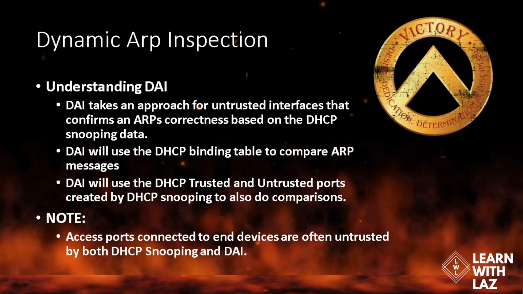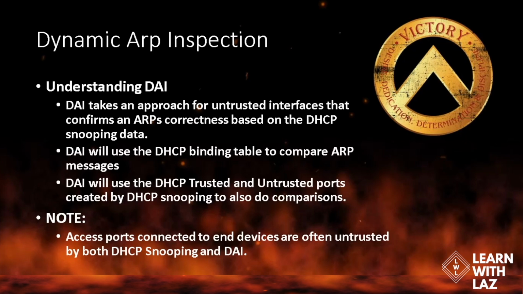So it'll use whatever DHCP snooping is using to allow or not allow traffic. The dynamic ARP inspection will do that as well, to make sure it allows things. We'll make comparisons: this is legitimate traffic, this is not legitimate traffic. Or, like they say, you can create an ACL for it as well, an ARP ACL.